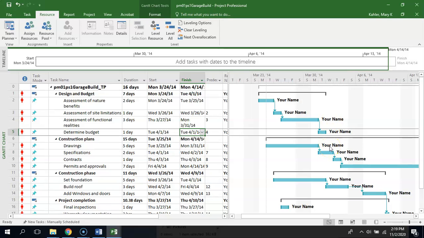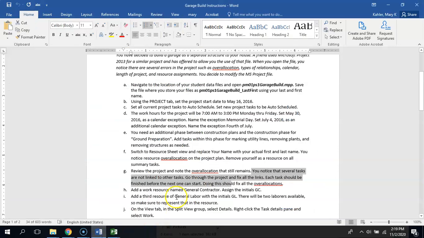It should all go in order. So we need to fix that. Each task should be finished before the next one can start. And doing this should fix the over allocations, because that's why you're over allocated, is because everything's happening at once.